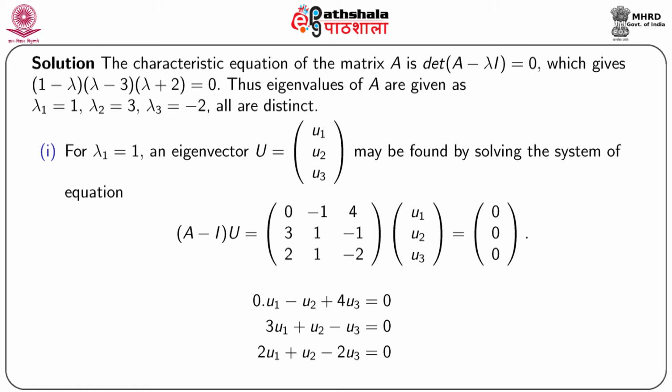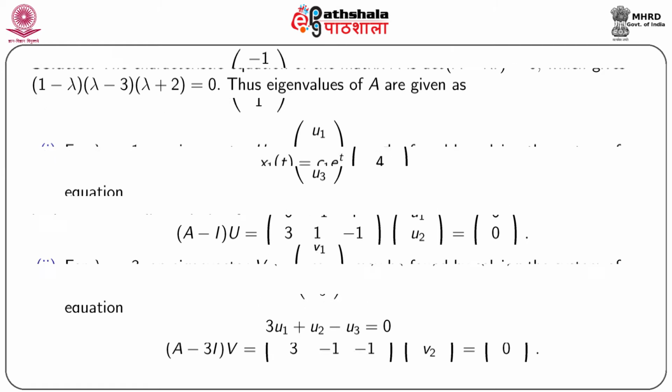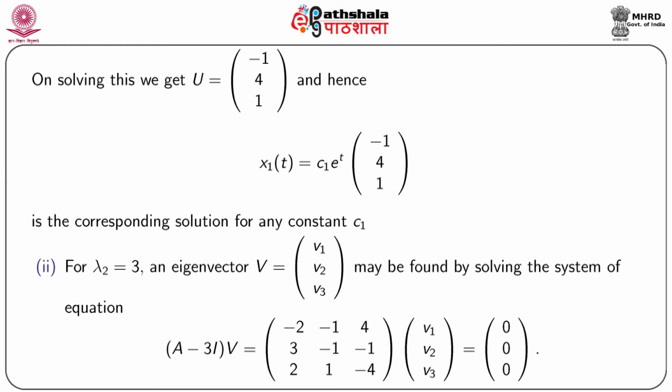So, the conclusion is for a distinct eigenvalue you may get different eigenvectors. Once we work with one such solution, we take it as minus 1, 4, 1. So, this is your u1, this is your u2 and this is your u3.